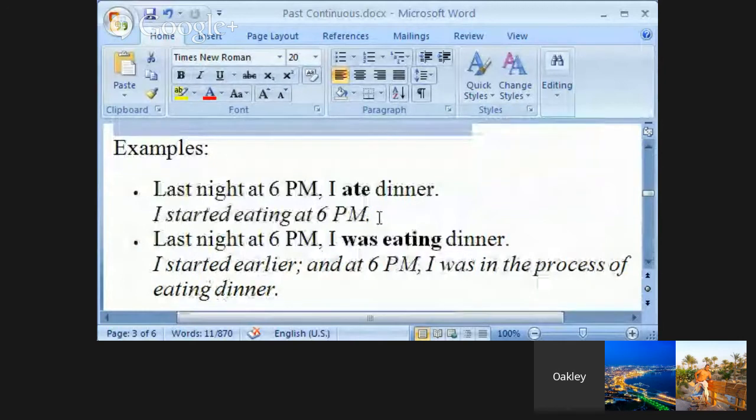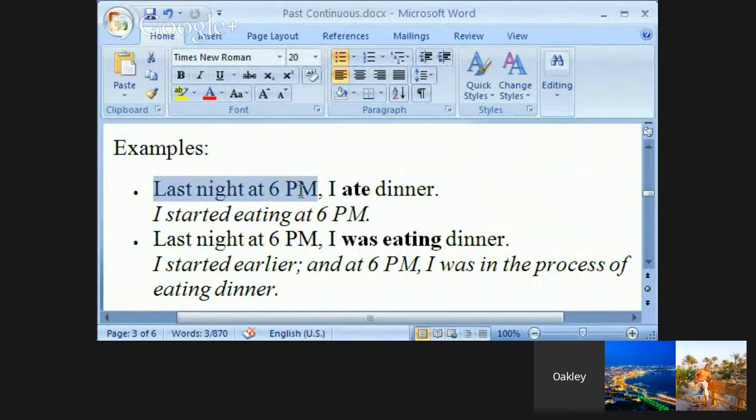So something important to understand: using the past simple, last night at 6 p.m. I ate dinner. What this means is the person started eating at 6 p.m. If you say last night at 6 p.m. I was eating dinner, you're somewhere in the middle.